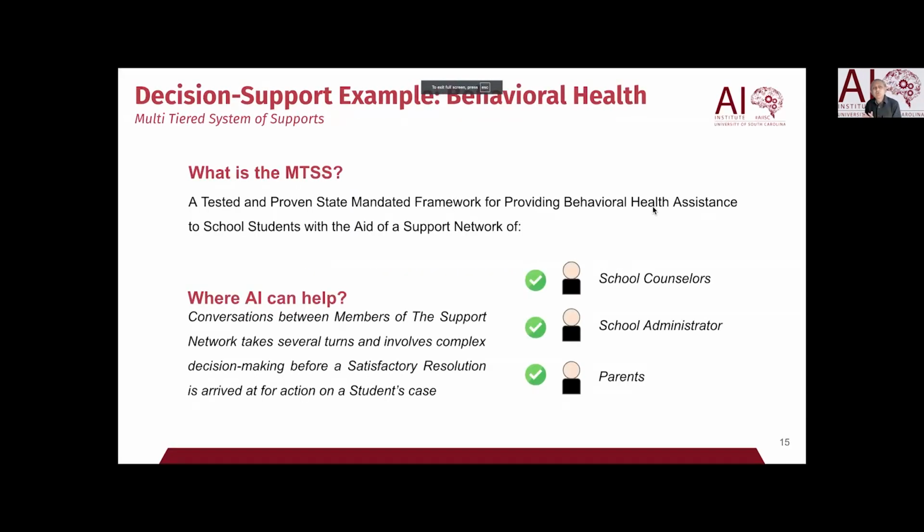Now we are moving on to some more complex projects, and in that context, I'll have the opportunity to discuss some higher end requirements and the research being done to support them. So, in the state of South Carolina, the government passed a law in 2018 for a framework called multi-tier support of networks, to provide behavioral health assistance to school students.